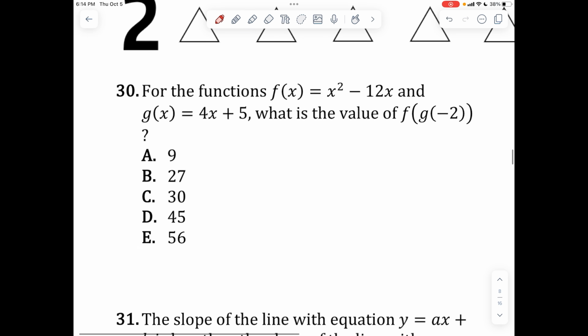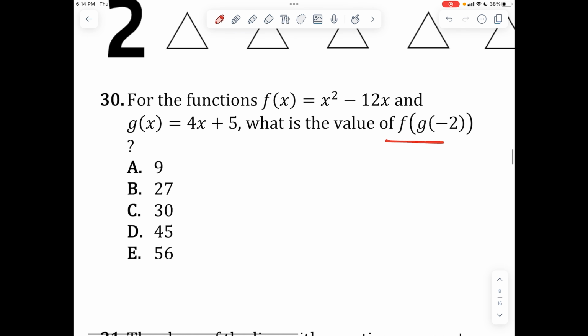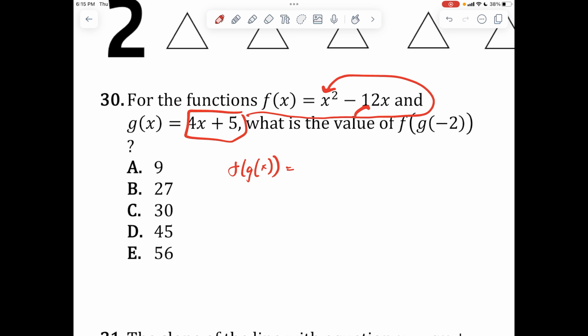For the functions here, what is the value of f of g of -2? So what is f of g of x going to be? This is where you have a composite function. You plug one function into the other. Literally what that means is you take g and you replace all of the values of x in f with g.